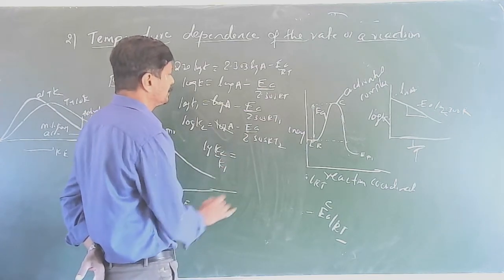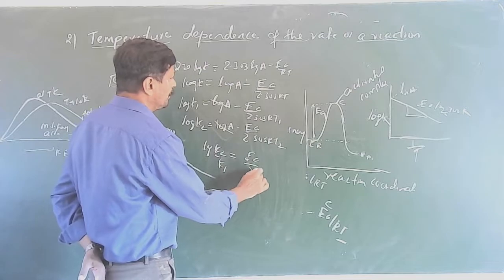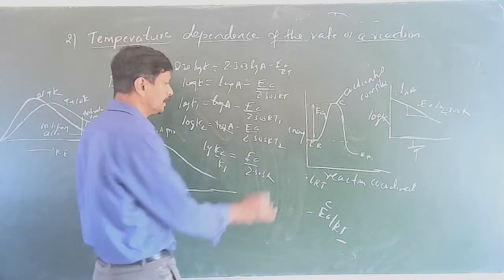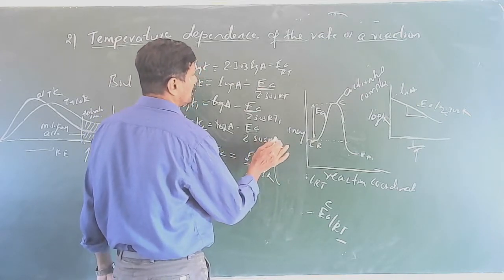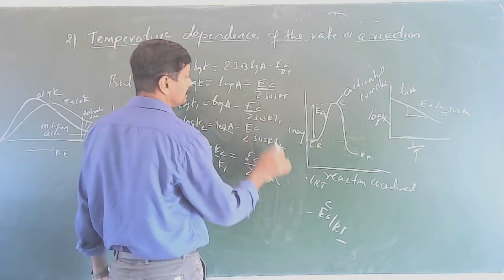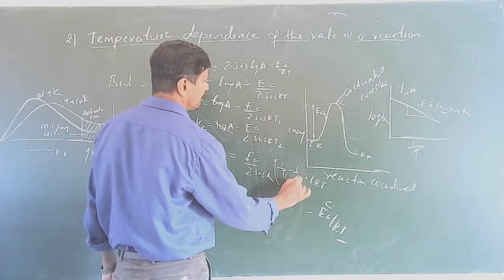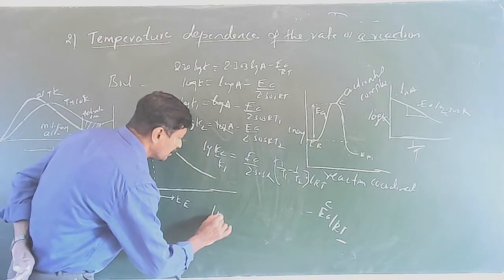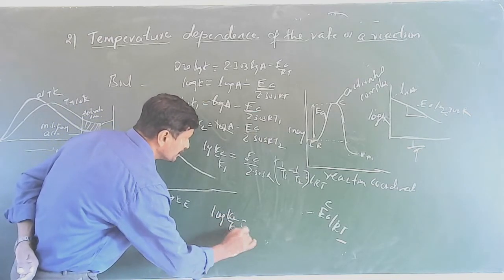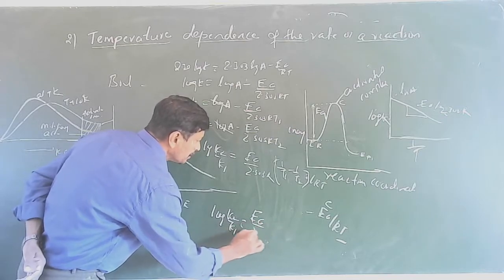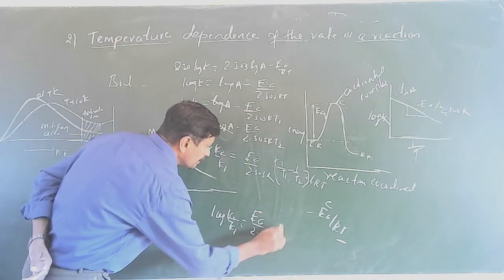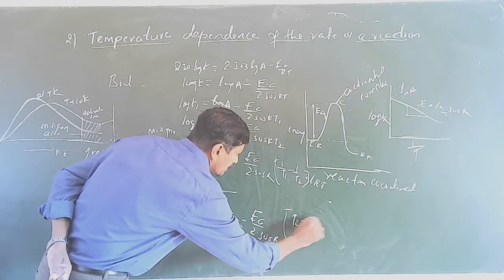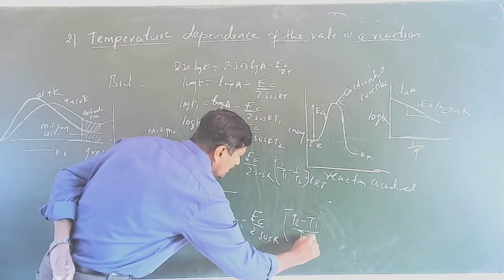Log K2 by K1 is equal to EA by 2.303 R, which you have to take as common. This minus becomes plus, 1 by T1 minus 1 by T2. Finally, log of K2 by K1 is equal to EA by 2.303 R into T2 minus T1 divided by T1 T2.